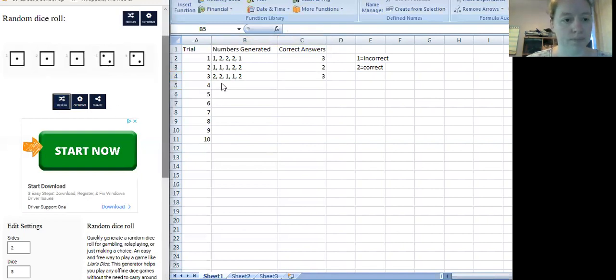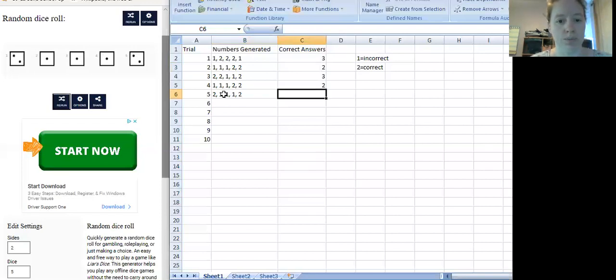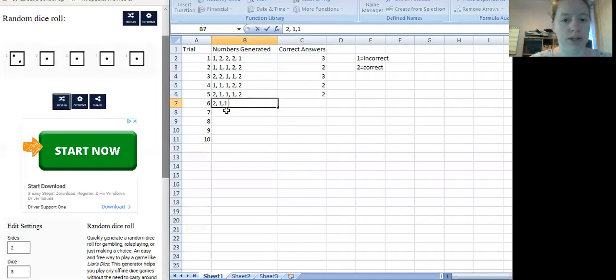Roll it again. 1, 1, 1, 2, 2. 2 correct. 2, 1, 1, 1, 2, 2 correct. 2, 1, 1, 1, 1, 1 correct.